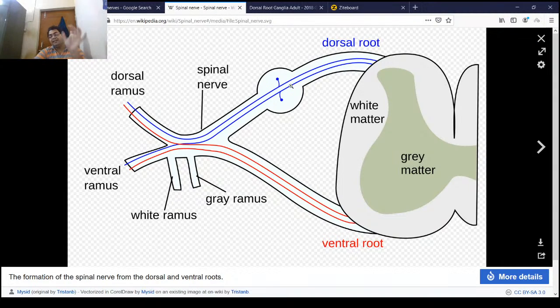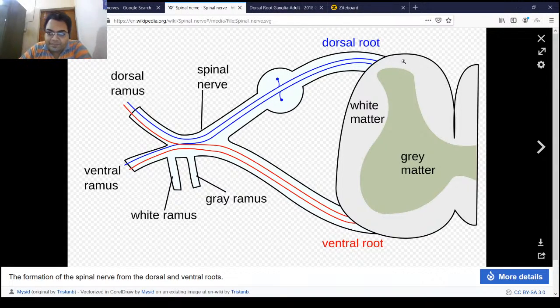Why ganglion? What is ganglion? Ganglion, I told you, is the cluster of cell bodies in the peripheral nervous system, right? Now, central nervous system is what? It is a culmination of brain and spinal cord. Now you have left the spinal cord, meaning now all this part is in the peripheral nervous system.